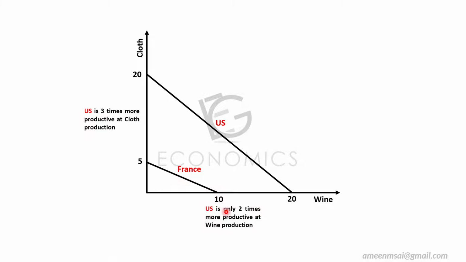While when it comes to wine, US is only 2 times more productive in wine production. Using 1 hour of labor, US can produce 20, but France can produce 10.